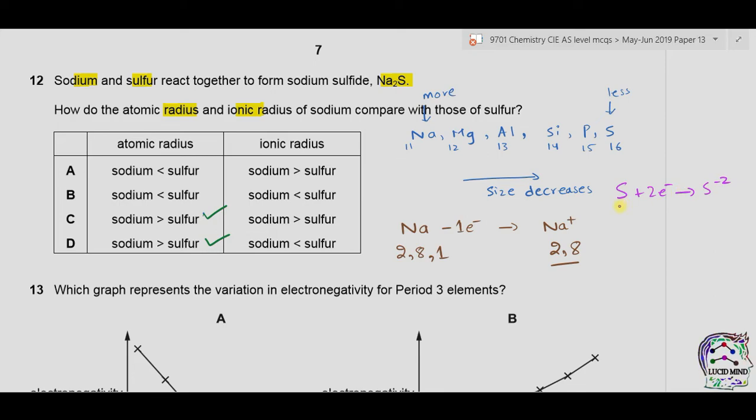The electronic configuration in the start was 2, 8, 6, while now it is 2, 8, 8. So as we can see that there are 3 shells in sulfide ion as compared to 2 shells in sodium ion. So therefore the ionic radius of Na+ is less than S2-. Correct answer is therefore D.